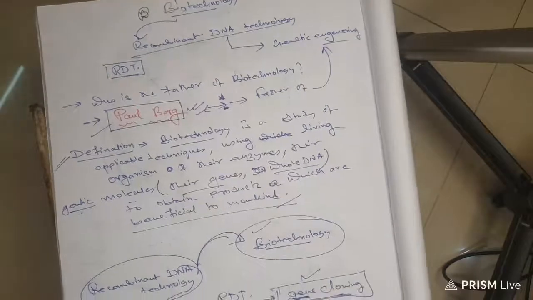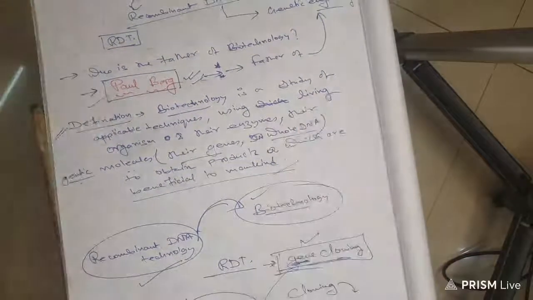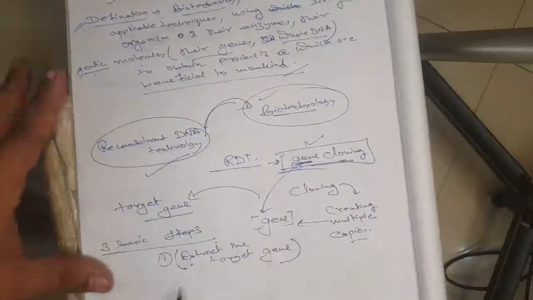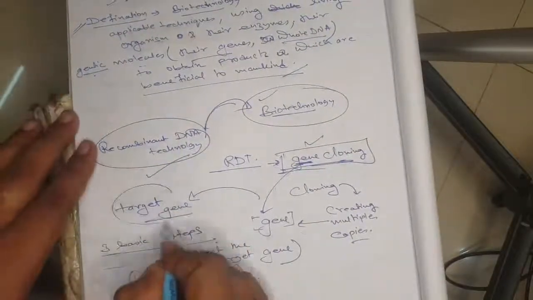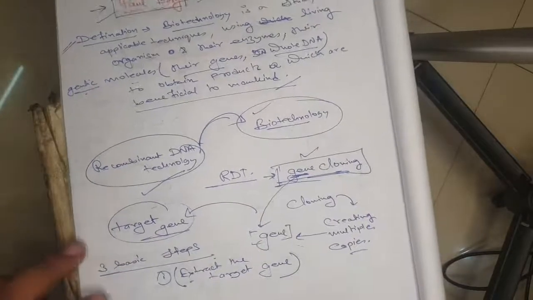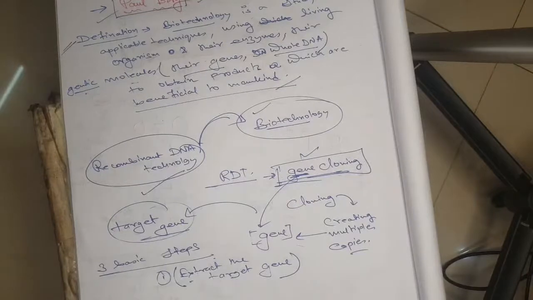Fine. So let us go into the discussion. In biotechnology, we were discussing about rDT, right? There is a target gene, and that target gene has to be cloned. What are the basic steps? First, we have to extract the target gene.